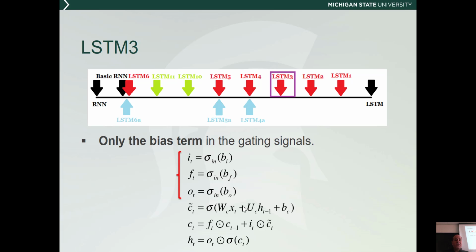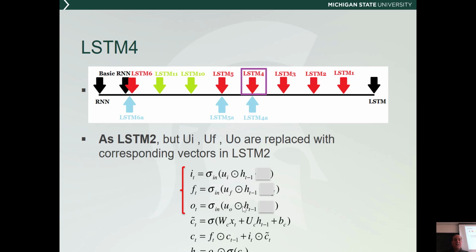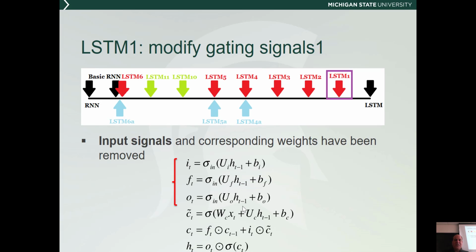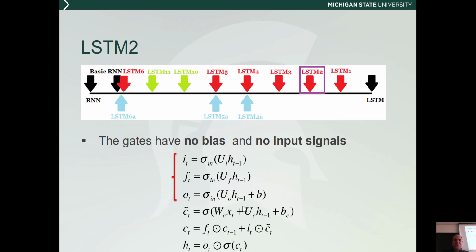LSTM3, you just have the bias, which is a vector now. Now you reduce two matrices three times. What is 4? The numbering is that if you look at the LSTM2, you have it in this form. So 4, we just kept this one, but here you have a matrix times a vector.